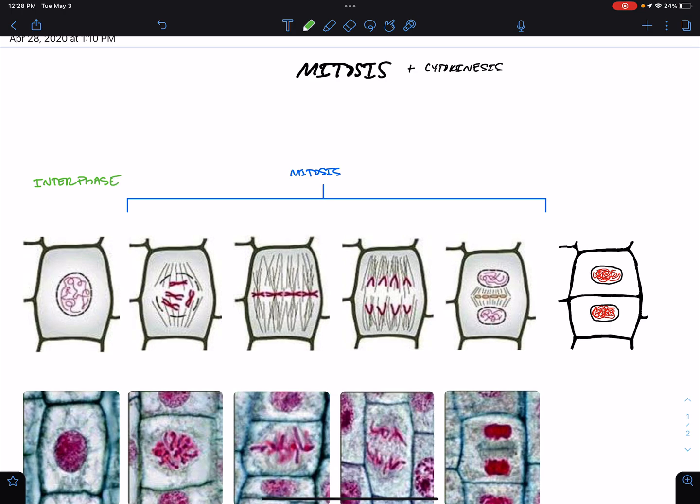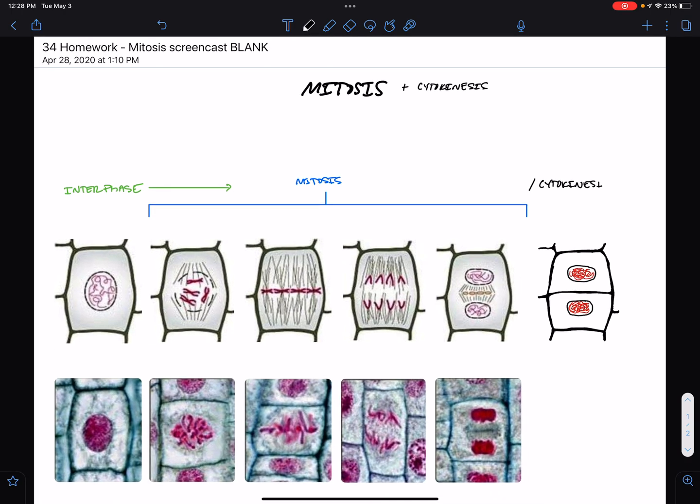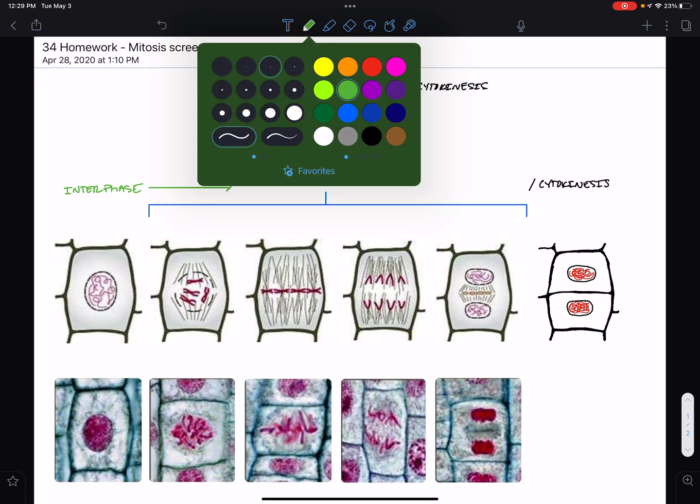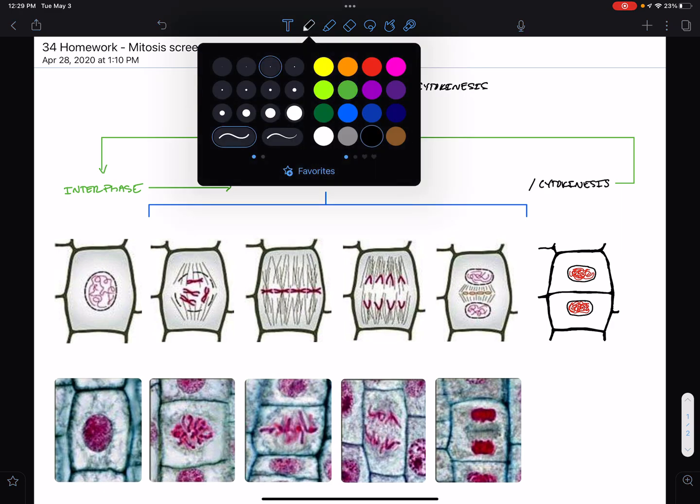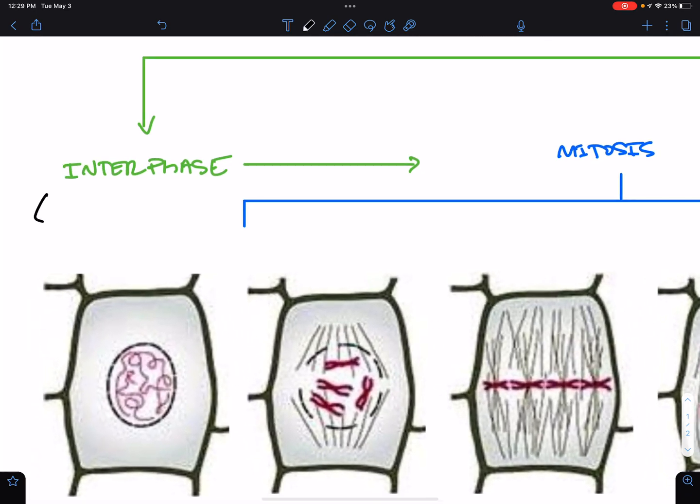And so interphase proceeded to mitosis and cytokinesis, where after mitosis and cytokinesis, you have two cells, and then you enter back into interphase, and the whole thing loops around again. And we said within interphase, there are three different parts of interphase.